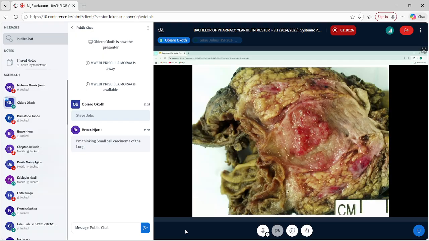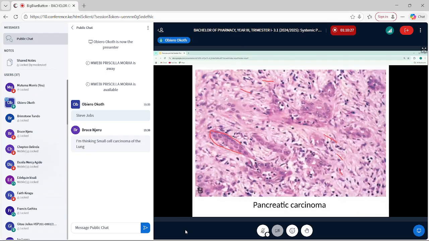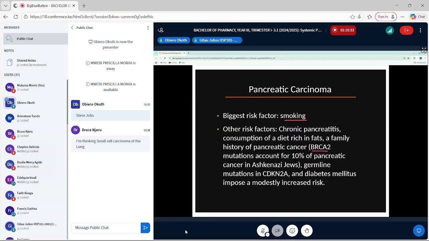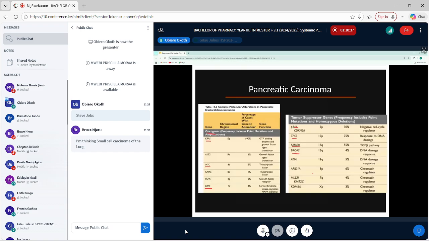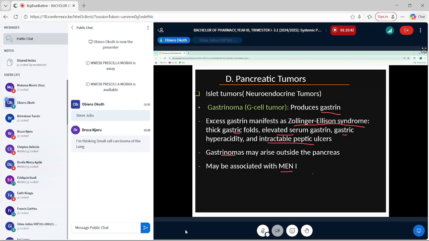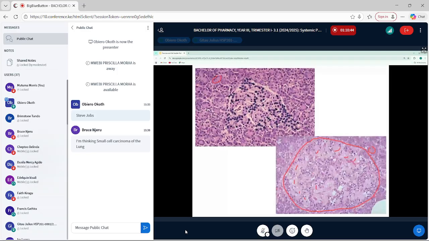Now remember at the beginning we said the pancreas has two portions, both anatomically and physiologically, the endocrine and the exocrine. When we refer to carcinoma, we are referring to the exocrine. In short, carcinomas will arise from the acini here.